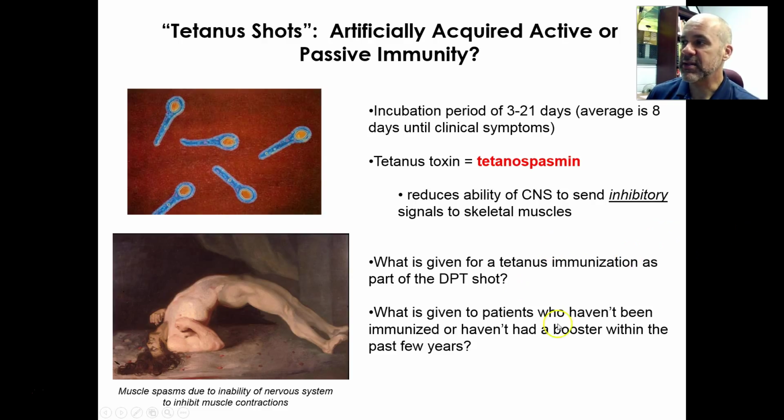So in that case, you have to get a passive immunization with anti-tetanus antibodies. You're going to be loaded up not with the toxoid but with the antitoxin, the antibodies that will go around and attach to this tetanospasmin and help clear it out from your body. So there are technically two different types of tetanus shots.